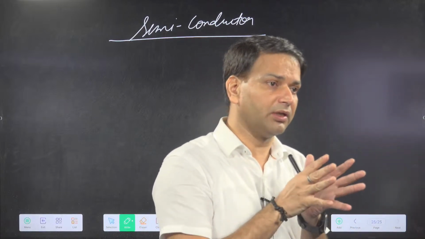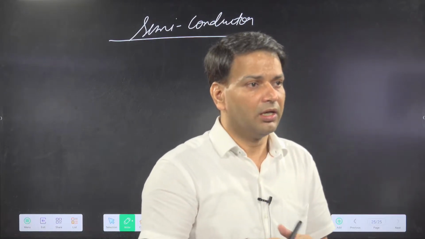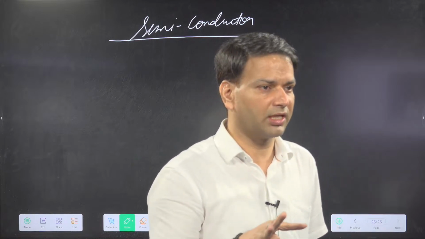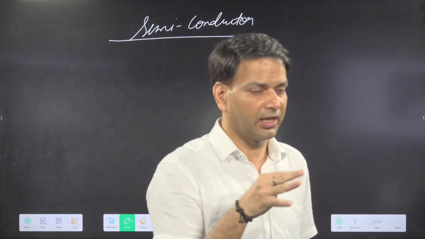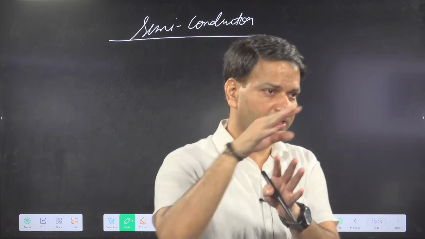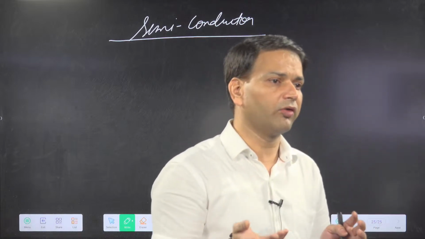If I have n atoms and 4 electrons in the outer shell of each, all the 4 electrons of the outer shell will interact with the other atoms. So the energy of all the electrons will be different.